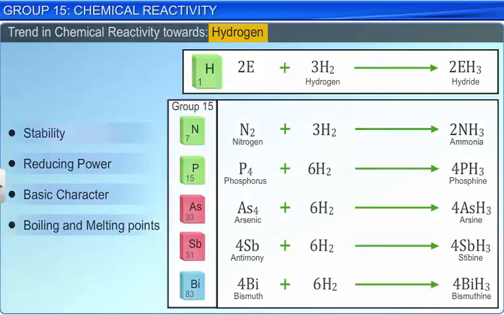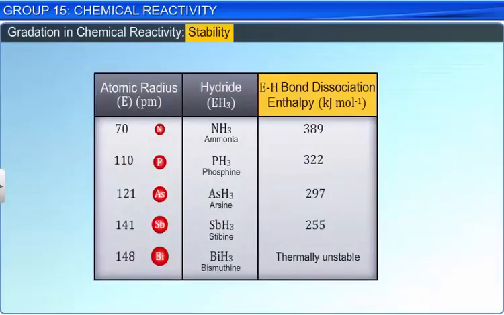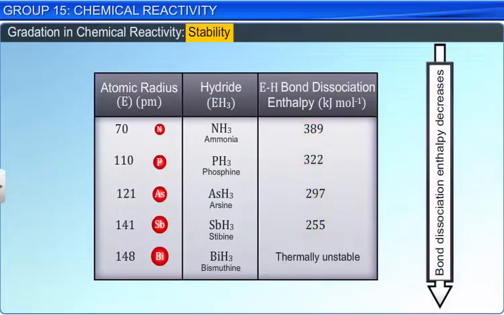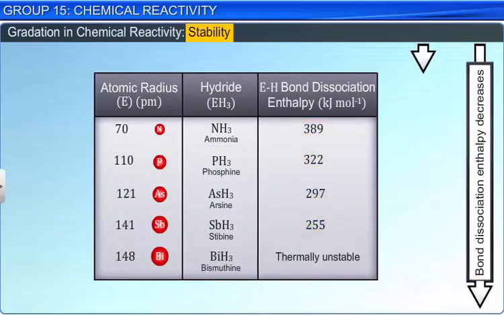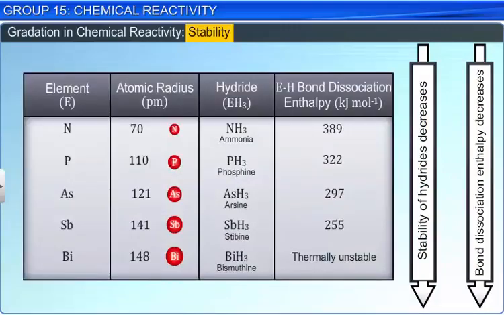The table here shows that the bond dissociation enthalpy of hydrides decreases on descending the group, which further indicates that the stability of hydrides decreases from ammonia to bismuthine. This is because the central atom E increases in size down the group. With the increase in the size of the central atom, the E-H bond becomes weaker.